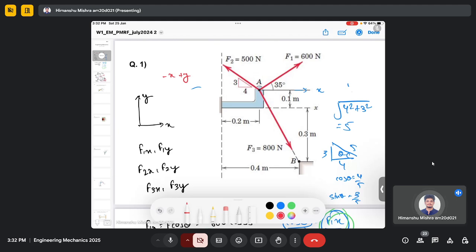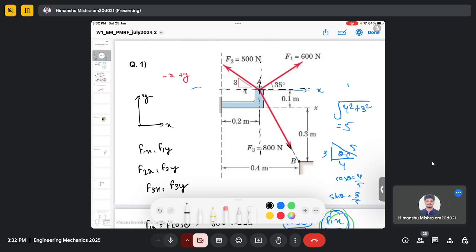Now we need to calculate the components of force F3 here. So we can again imagine the coordinate system, right? And you can inspect the direction of each component. So in the y direction, this F3 is in the downward direction, minus y direction.